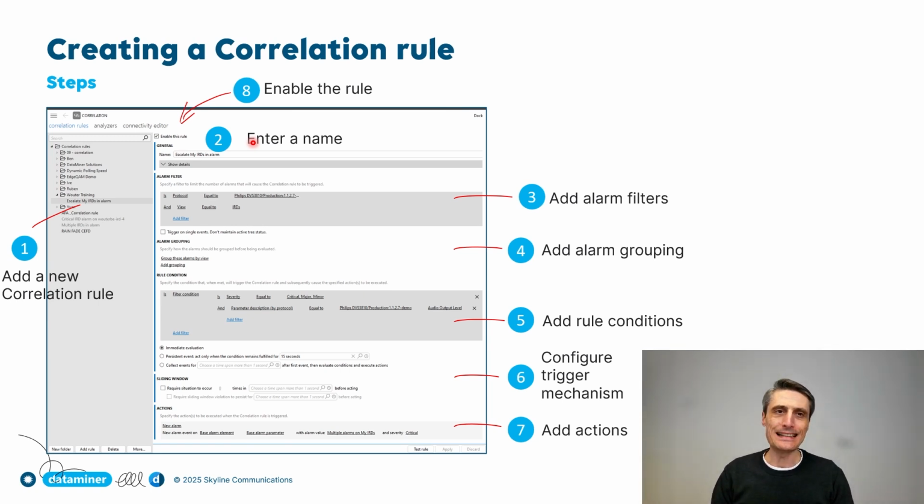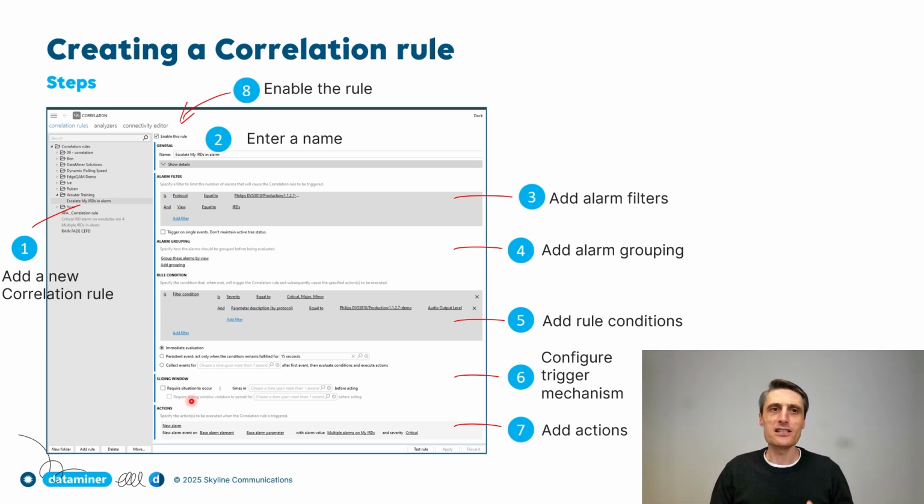Now, below that name, there is a whole series of configuration you can do. It's important to note that you don't need to do everything. So we will start with the very basic form and then further build up on that.